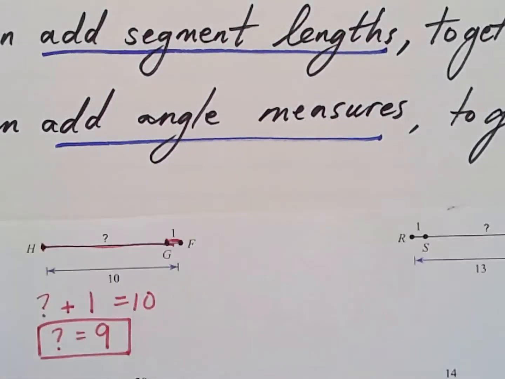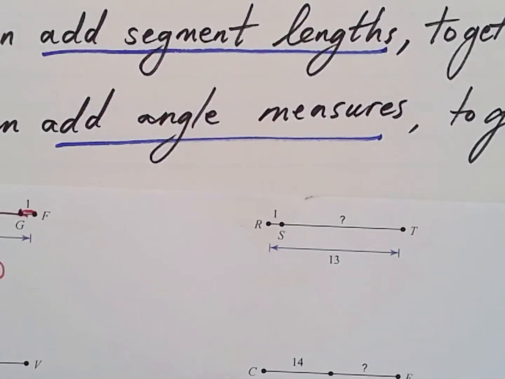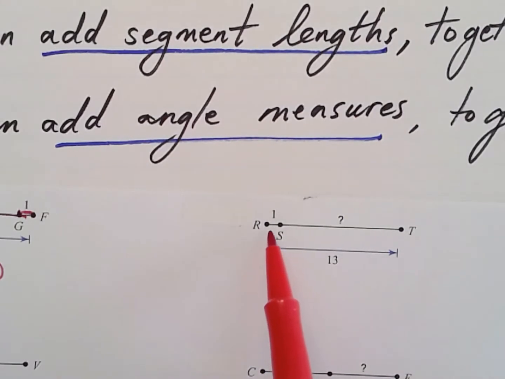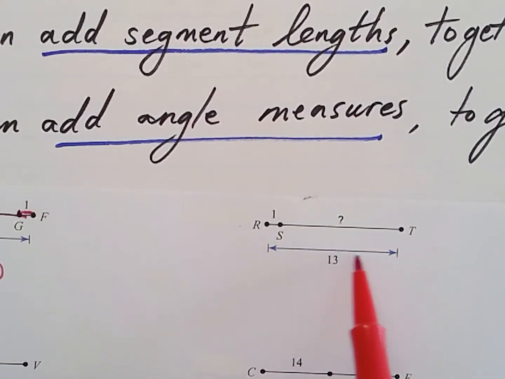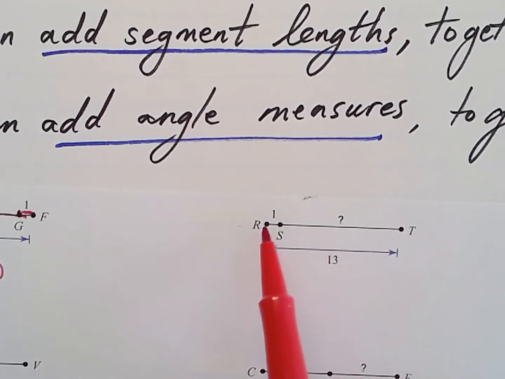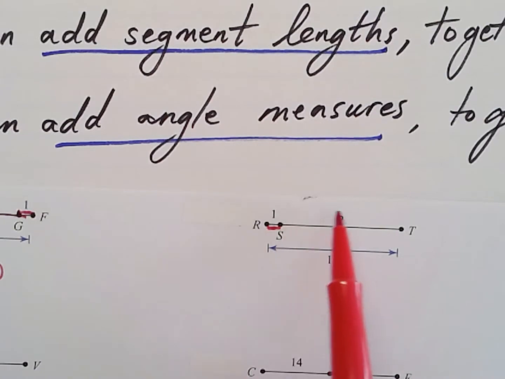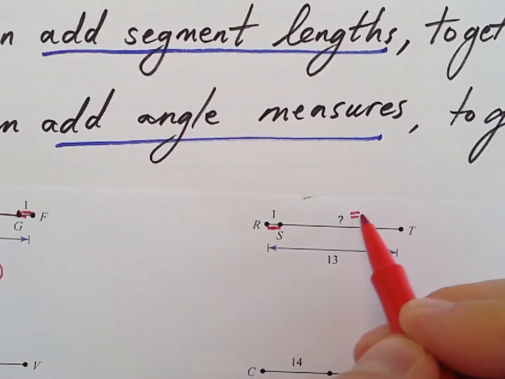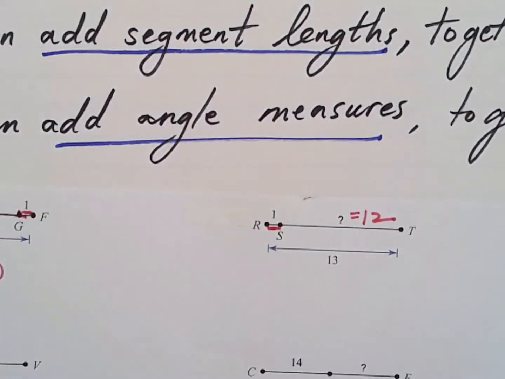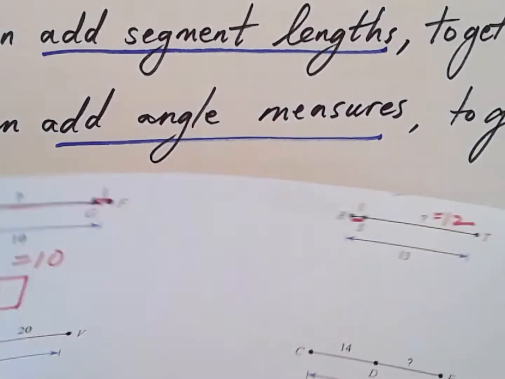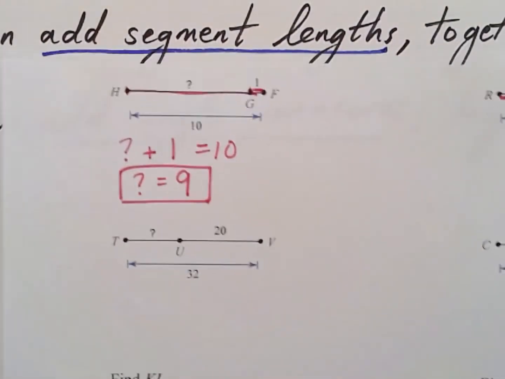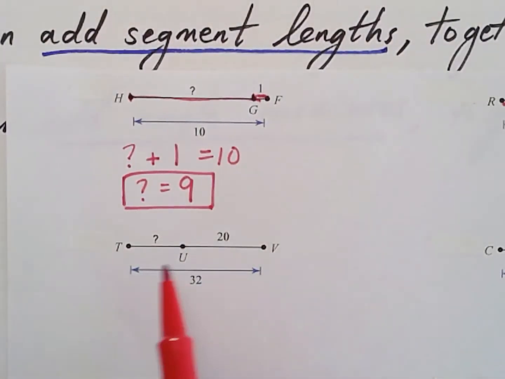Okay? That's what the segment addition postulate tells you. Same thing here. If this entire thing from R to T is 13, but then this little tiny bit right there is a 1, then what's here for the question mark? It just has to be 12. It's what's left over. Here, the numbers become a little bit more complicated, but the process is the same.